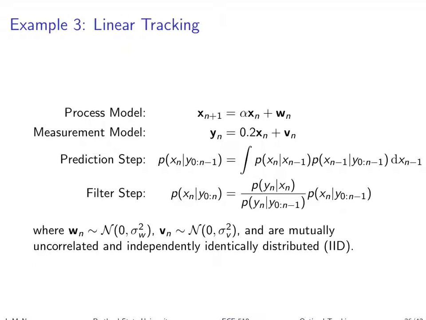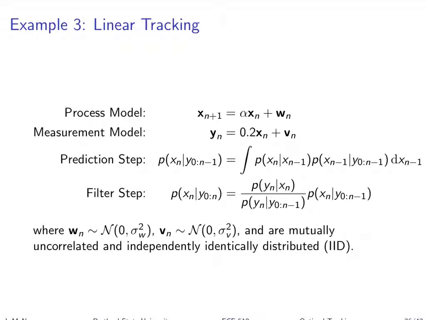So I've got one more example for you, and this is the linear case. So the process model is the same. The only thing is now our measurement model is a constant times the state. So the measurement is kind of the state in this case, but it's noisy. We've got some measurement noise there, so we can't simply estimate this.